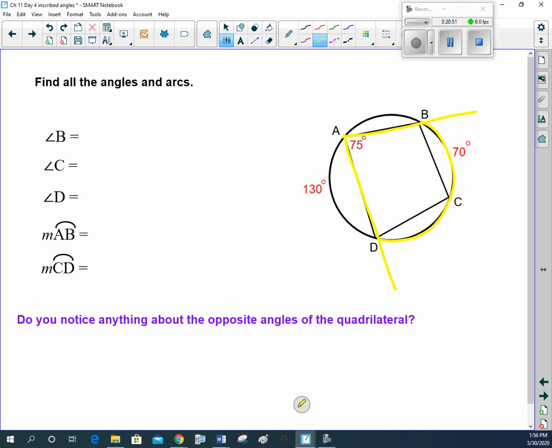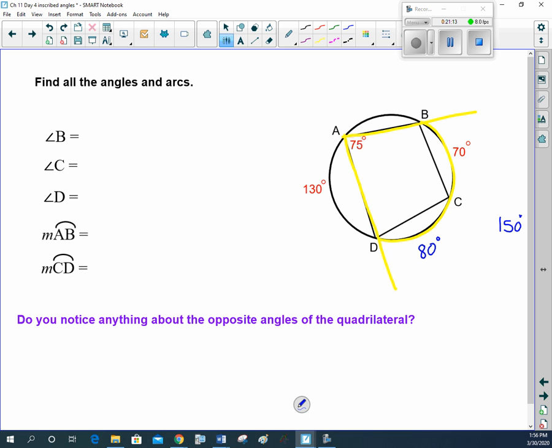So if angle A is 75, then this whole arc measure that I just highlighted has to be double that. So that has to be 150. So from B to D is 150 degrees. Well, I know from B to C is 70, so that must mean then from C to D has to be 80 degrees.